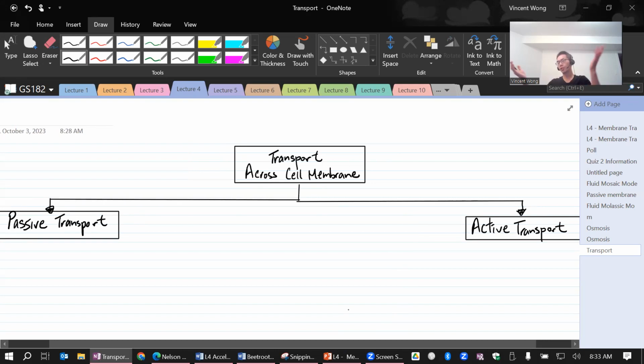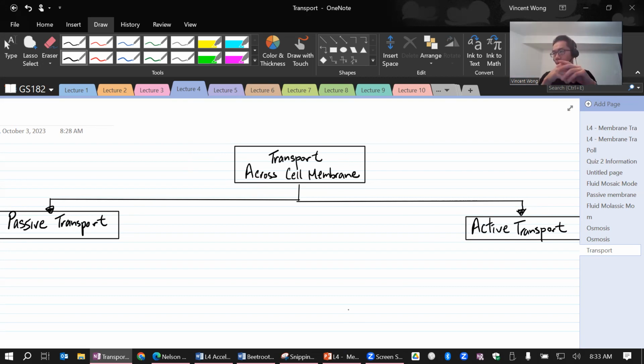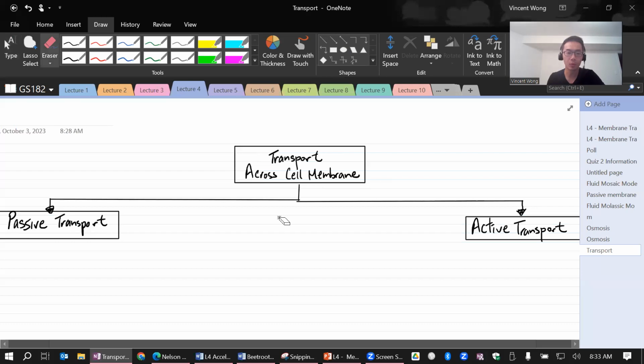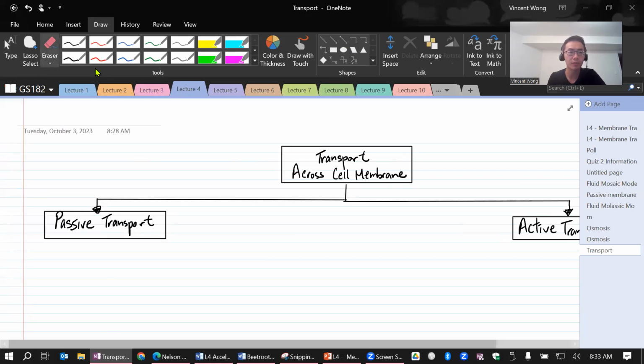So can someone tell me the difference between the two? We briefly talked about it last time. Okay, so use of energy, yeah, they differ depending on whether they need ATP or not, right? So for passive transport over here, no ATP is required.